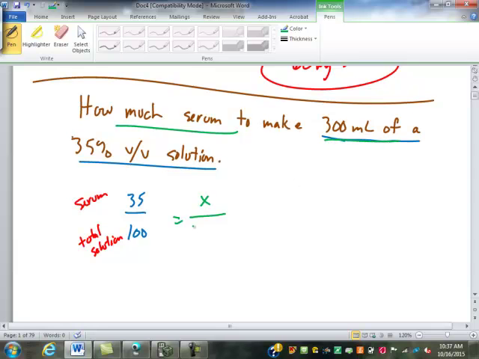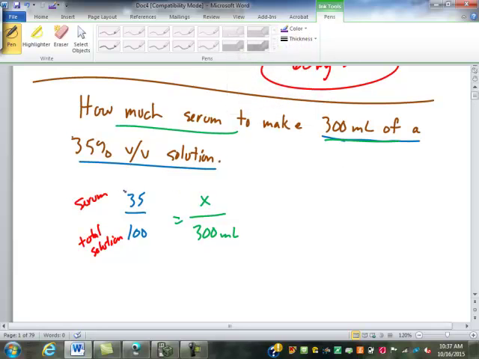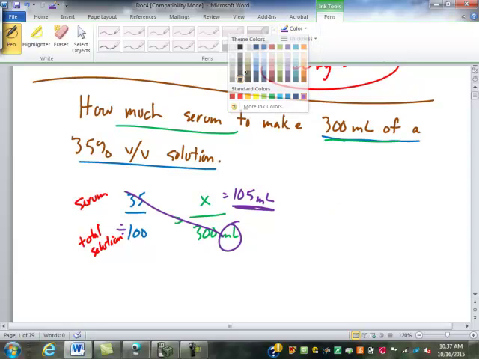We do have 300 milliliters of total solution. So now we can cross multiply and divide. 35 times 300 divided by 100 is 105. And of course the units have to be the same, so it's 105 milliliters. Look familiar?